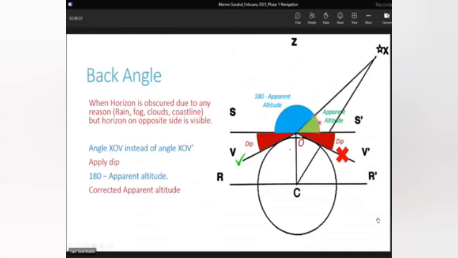The green color angle is now called the corrected apparent altitude. Once you obtain the apparent altitude, further calculation is easy. It is exactly the same as we did before. We apply the total correction and we get the true altitude of the body. So this is how we obtain the true altitude of the body using this back angle concept.